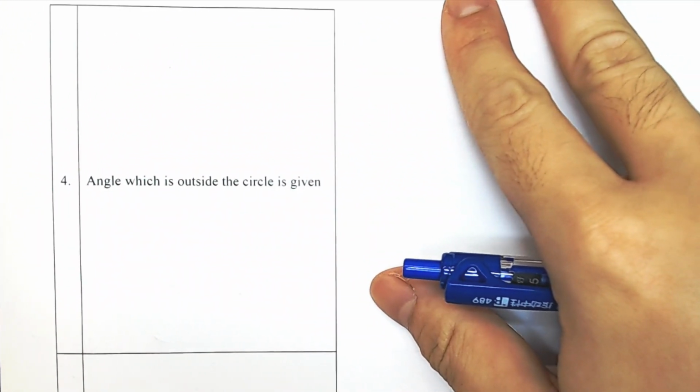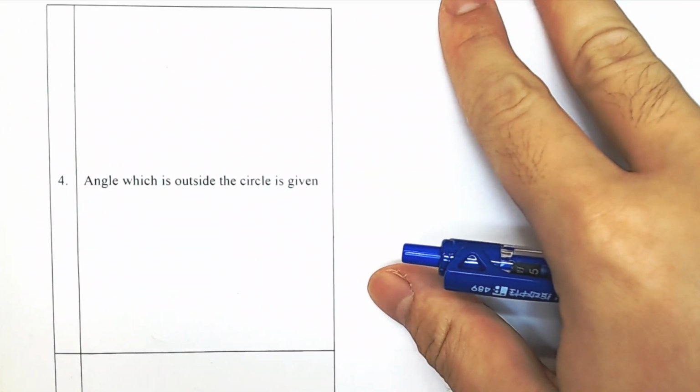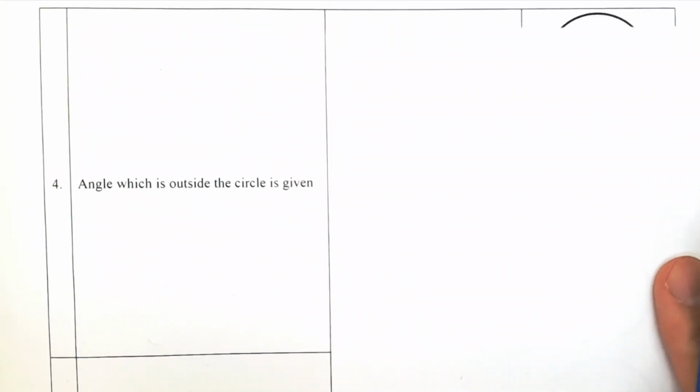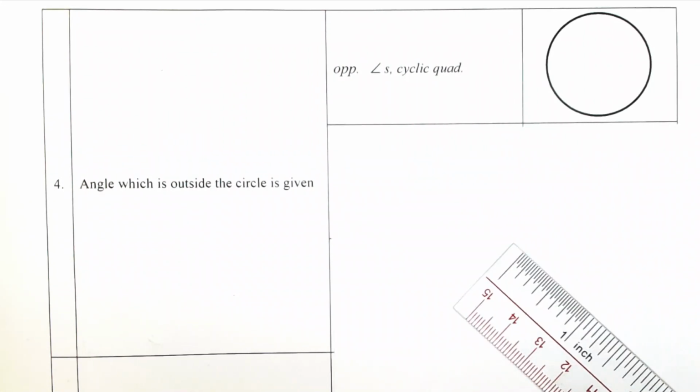Number 4. Angle which is outside the circle is given. In this case, you may consider the following. Number 1, opposite angles cyclic quad. Because sometimes you may need to bring the angle back.